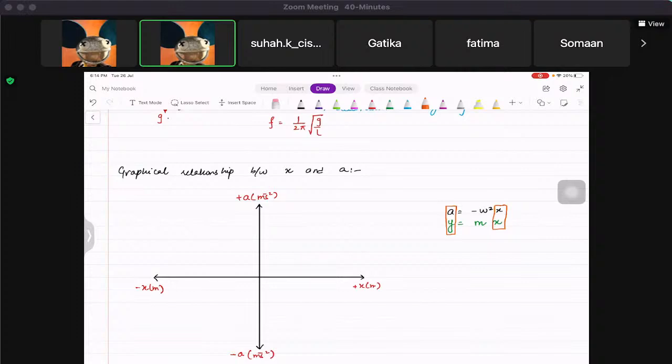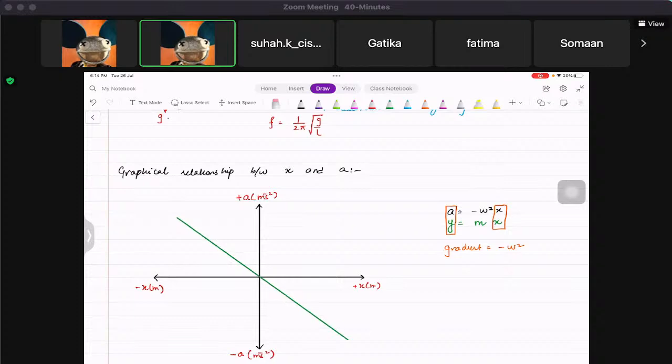Now the important thing is this, let me write it: gradient will be equal to minus omega squared. So first of all, the gradient is negative, and y equals mx basically shows a straight line that starts from the origin, which means that when I'm drawing this, the line should look like this actually.